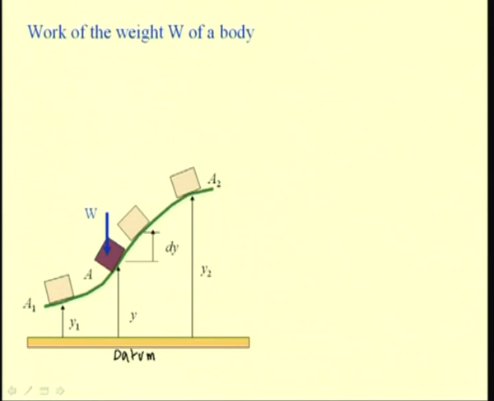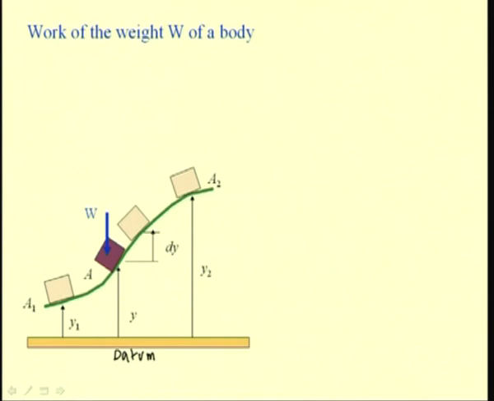So, at A1 the coordinate is y1, and at A2 the vertical displacement is y2. This W is the weight of the body and it always acts in the vertical direction.